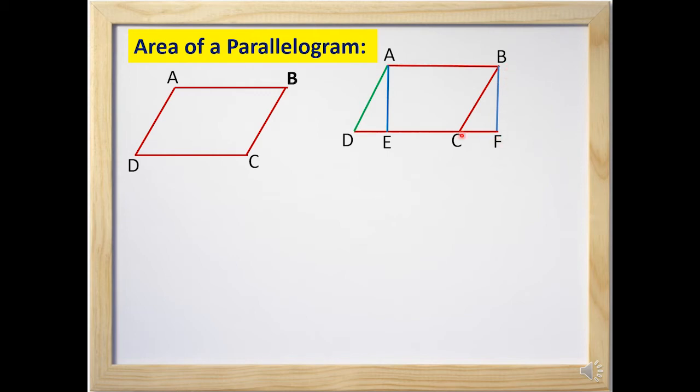Till now, did you all understand, children? So by CPCT. What is the meaning of CPCT? Corresponding parts of congruent triangles are equal. That means side DE is equal to side CF.